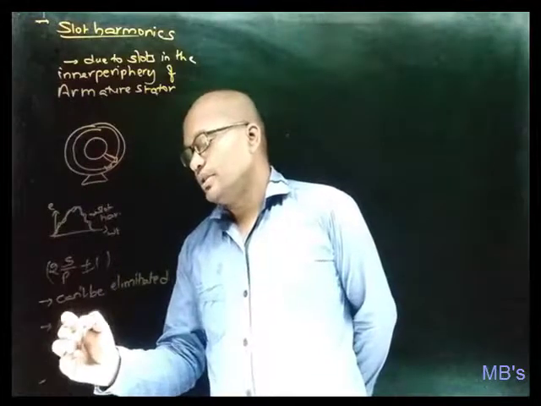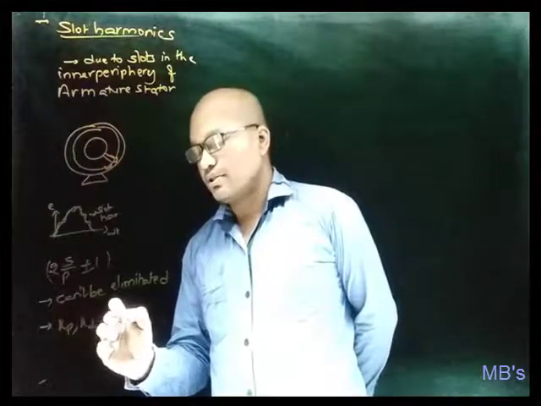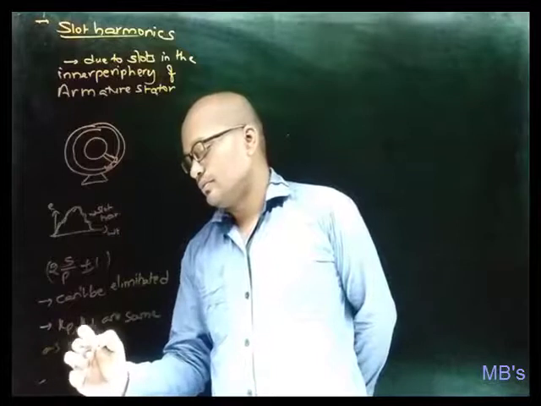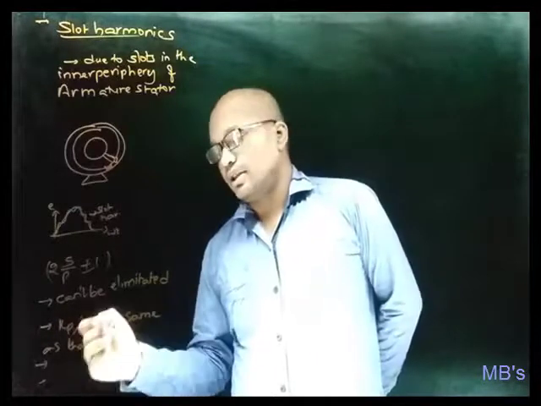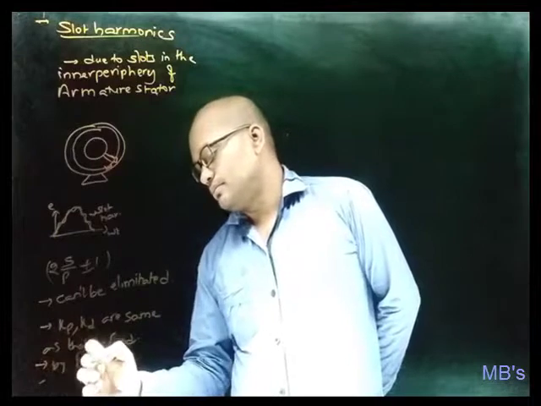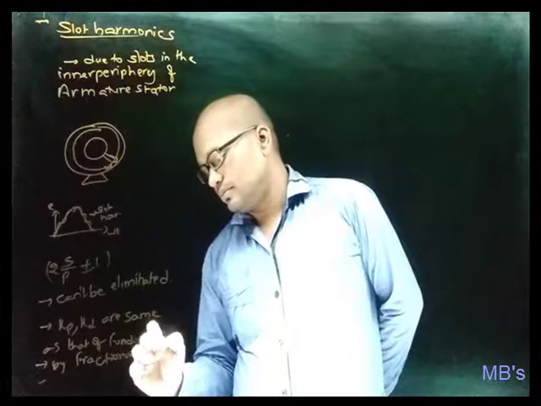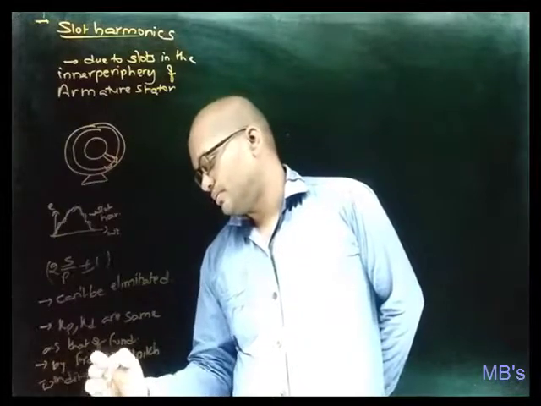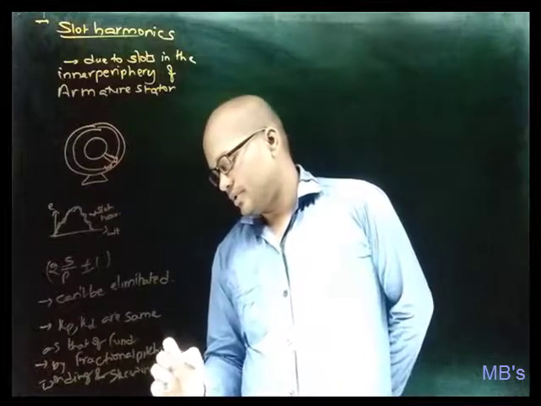And here Kp and Kd, the pitch factor and distribution factor, are the same as those of the fundamental. Slot harmonics can be reduced by using fractional pitch winding and skewing stator slots.